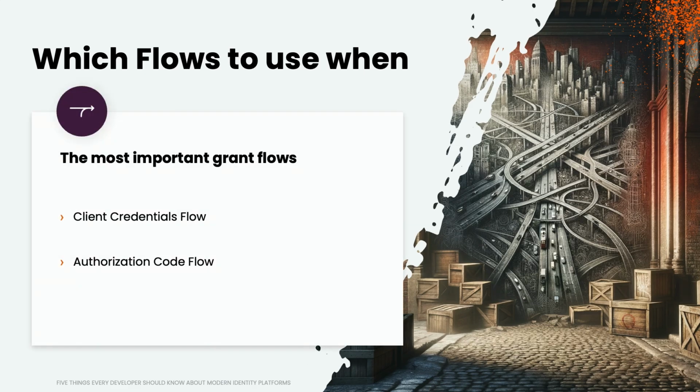So which one of those flows should you use in which scenario? Well, the two most important ones are the client credentials flow and the authorization code flow. The first one is when a machine wants to access another machine, client credentials. And the second one is when a human being wants to access a system.